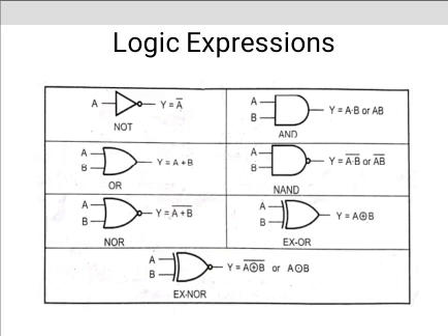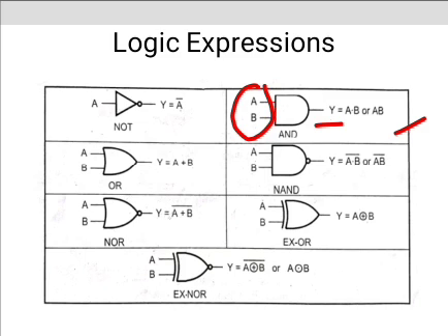Next is the AND gate. Let the two inputs be A and B, that means consider a two input AND gate. So A and B are the inputs and Y is the output.